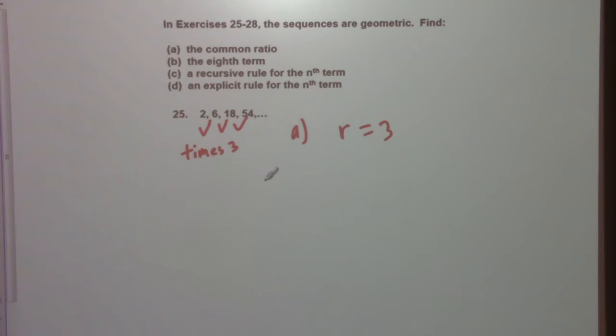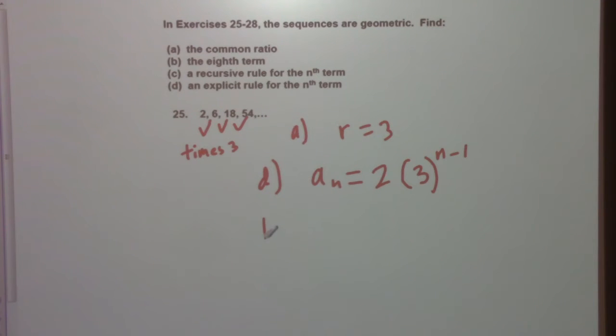And now for the formula, a sub n is equal to our initial value, which is 2, times r, and r is equal to 3, to the power of n minus 1.